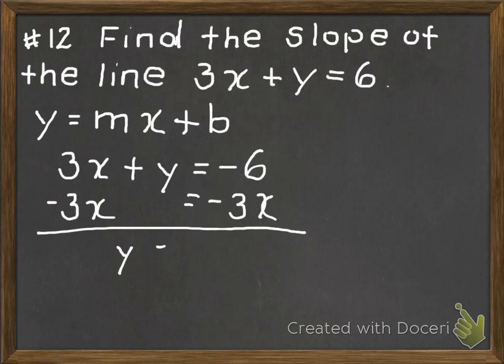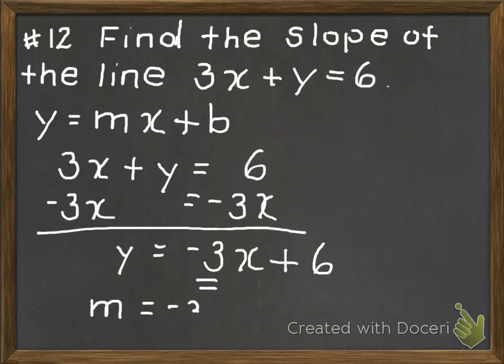And we have y equals minus 3x plus 6. So the slope of this line is m equals, you look right here, minus 3.